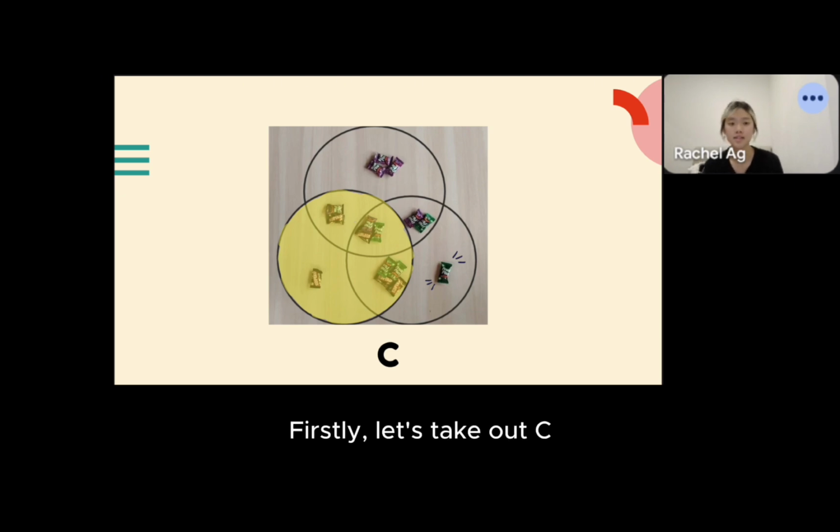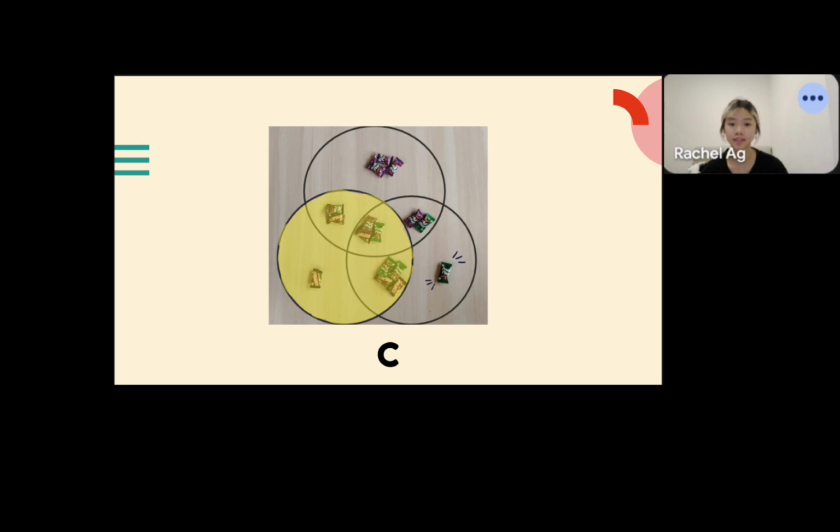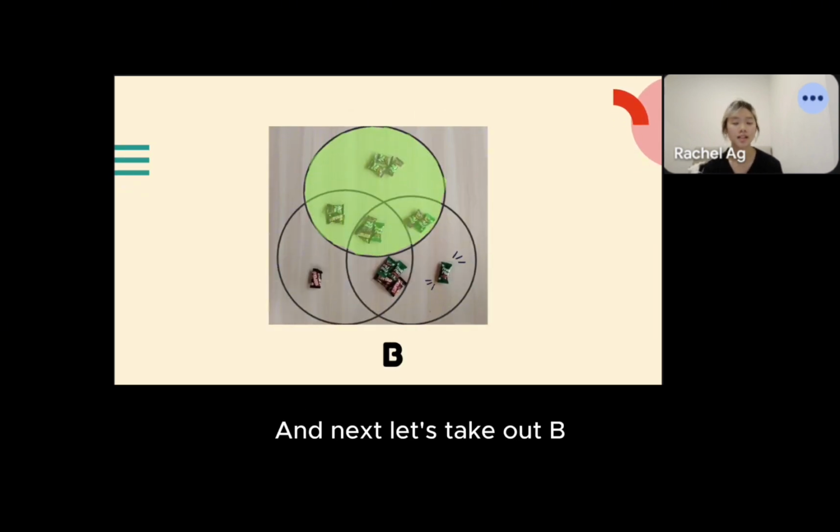Firstly, let's take out C. C is this highlighted part. And then the rest of the part which is not highlighted would be not C. And next, let's take out B. B is the highlighted part.